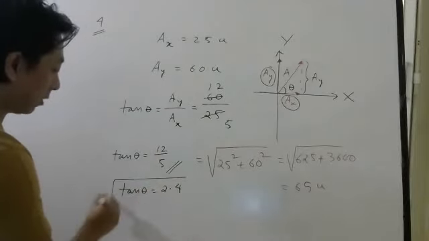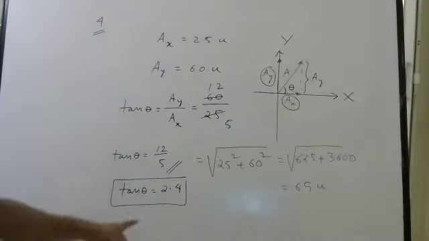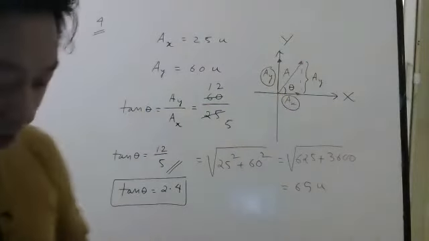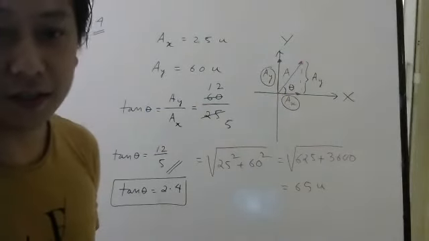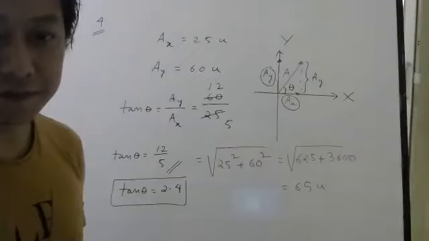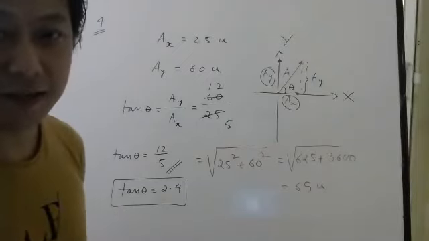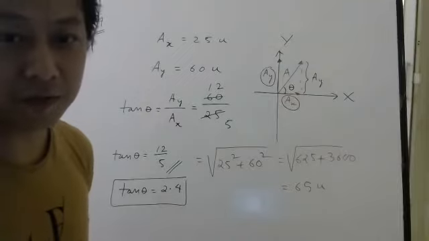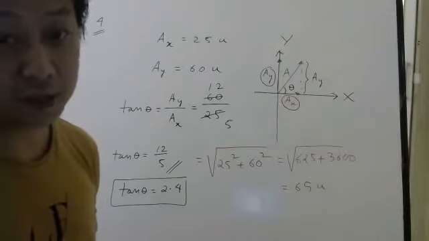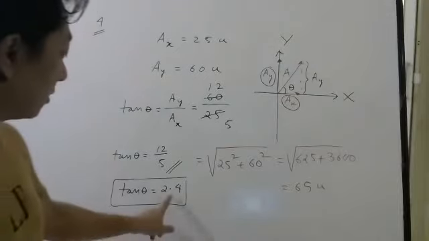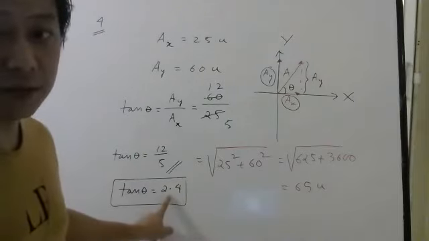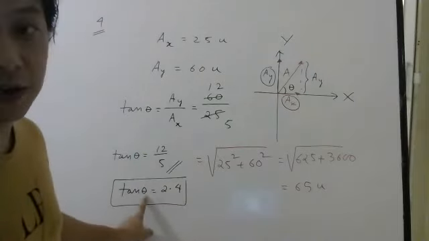At least can you tell me one thing? Will this angle be greater than 45 degree or less than 45 degree? That you should be able to say. You may not be able to tell the angle exactly, but it will be greater than 45 degree or less than. It has to be greater because this is more than 1. If this was 1, you know this will be 45 degree.